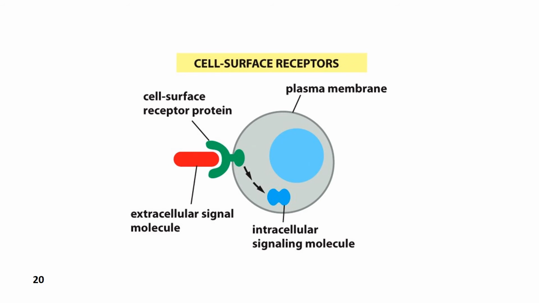The cell surface receptor, in response to signal molecule binding, will change shape, and that shape change induces a number of effects inside the cytoplasm that ultimately will induce a change in cellular behavior. This depends upon the activation or inactivation of intracellular signaling molecules that we'll term relay molecules, or more commonly, second messengers.